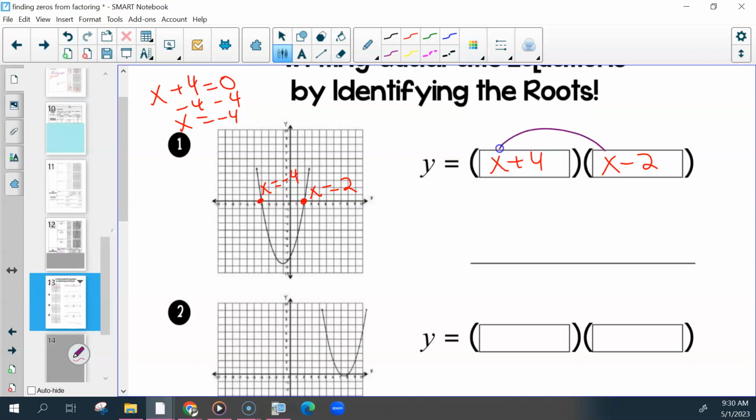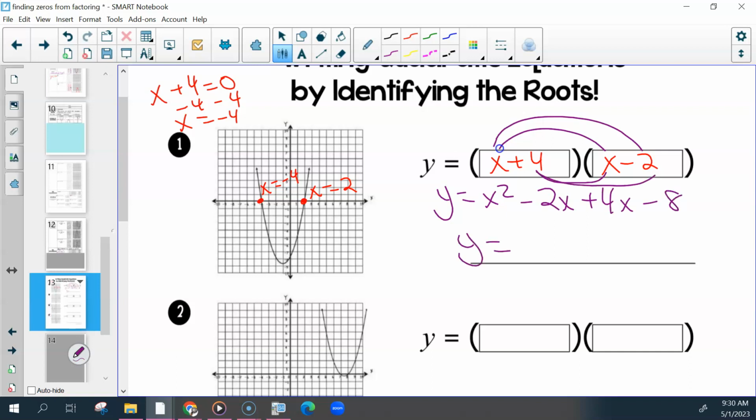X times x would give us what? X squared. And then we have negative 2x, positive 4x, and then combine your like terms.